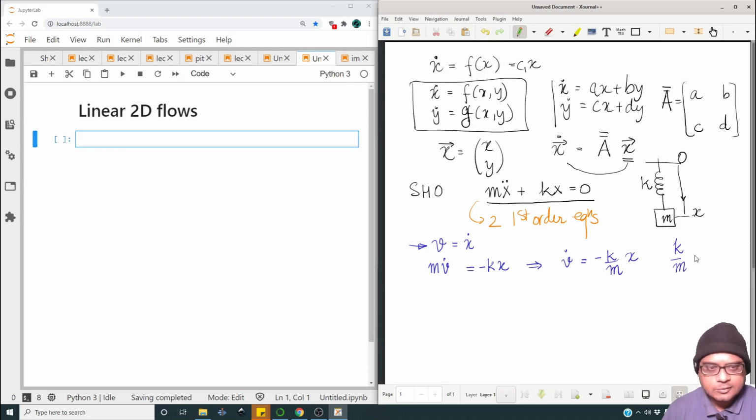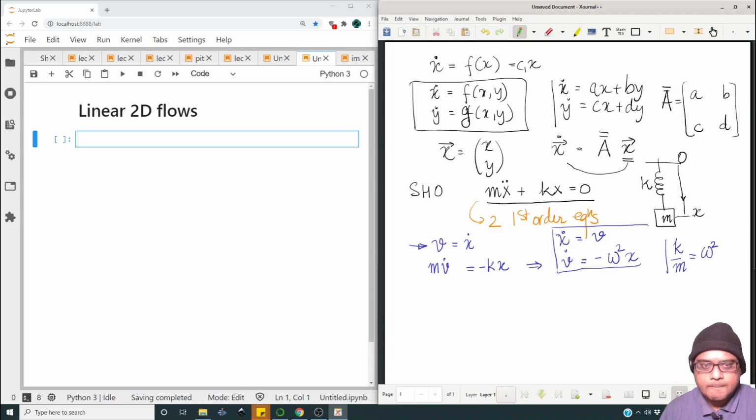If you remember your high school physics, k by m is like the omega squared parameter of an oscillator. We're not going to discuss how this comes about, but it's related to the frequency of oscillations. So v dot becomes minus omega squared x. Thus we have two equations: x dot equals v, and v dot equals minus omega squared x.